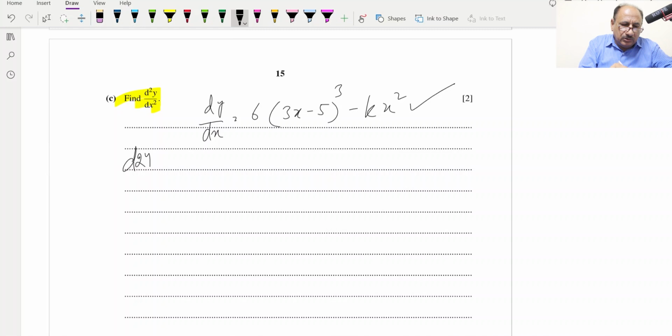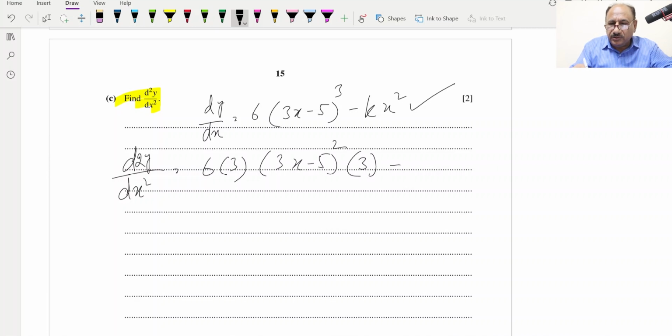Now we can write d2y over dx squared, and this will be 6 into 3 into 3x minus 5 raised to 3 minus 1, which is 2, and the derivative of 3x will be 3, minus 2kx, and this will be the derivative. Now we can write down 6 into 3 into 3, so this will be 54 into 3x minus 5 squared minus 2kx.